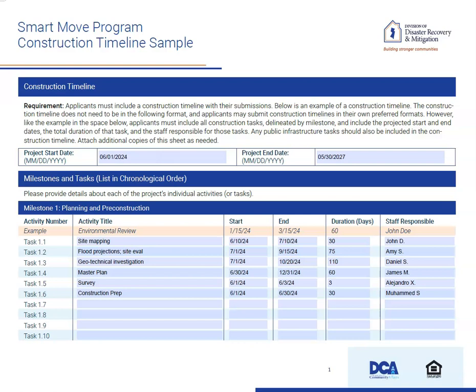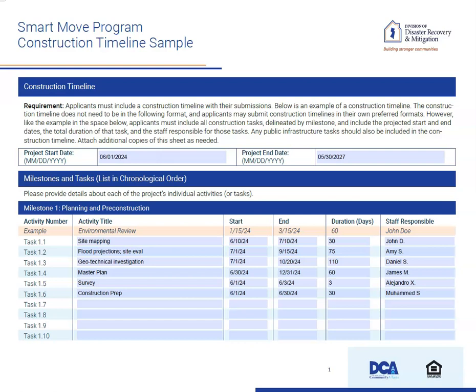The purpose of providing a construction timeline is for applicants to provide clear evidence of their ability to implement the project on time. Applicants may use the construction timeline template included on the DCA website and presented as part of this webinar, or applicants may submit construction timelines in their own preferred formats.